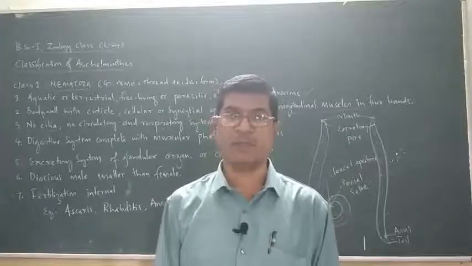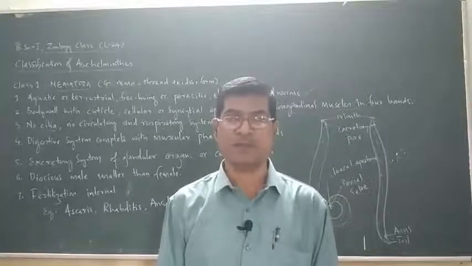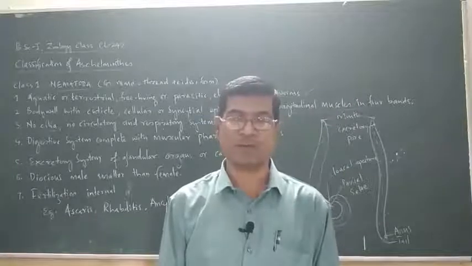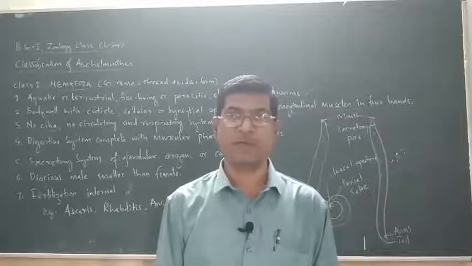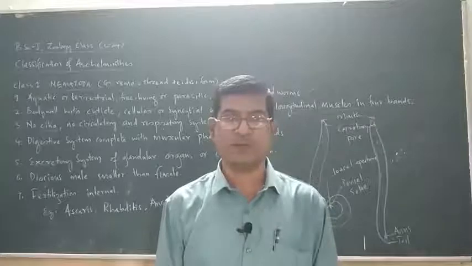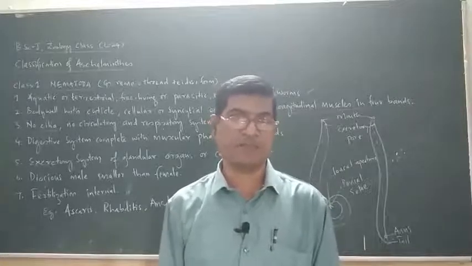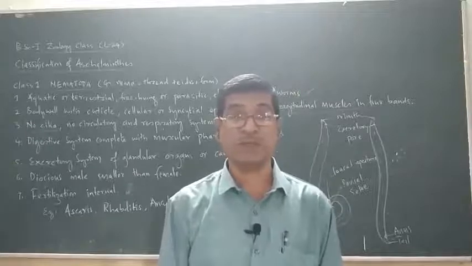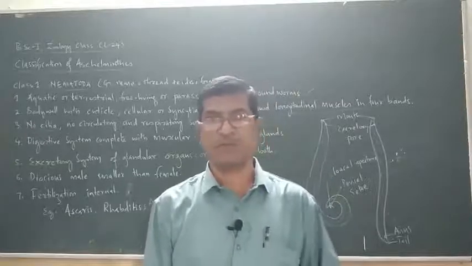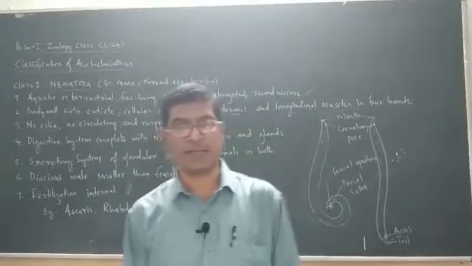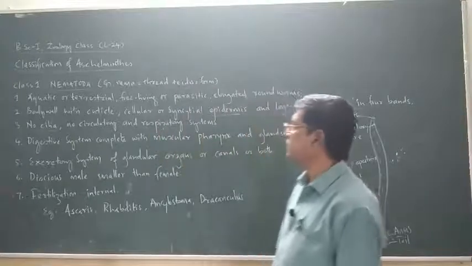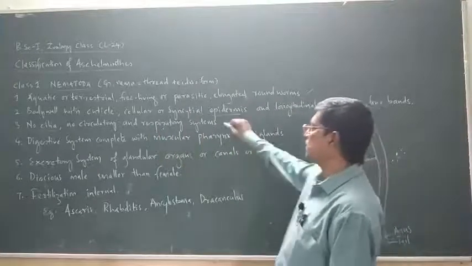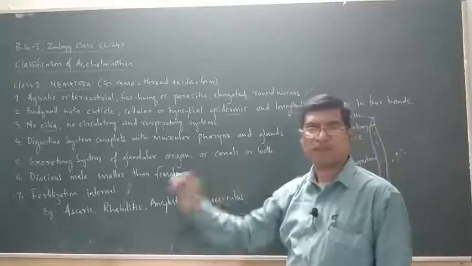Anaerobic respiration is seen in parasitic forms. They make use of glycogen for the production of energy and carbon dioxide.